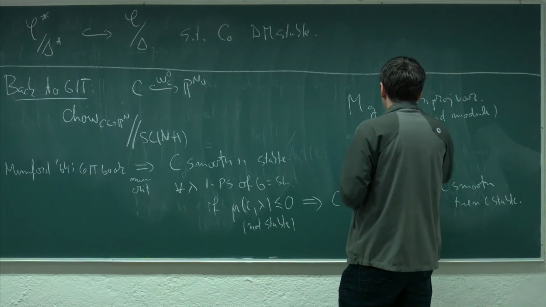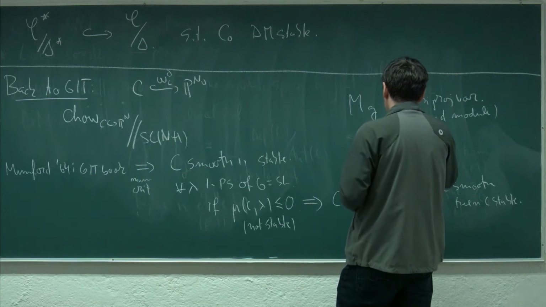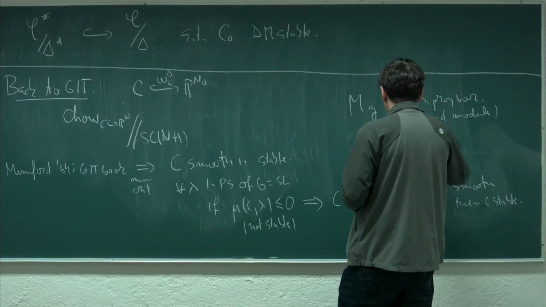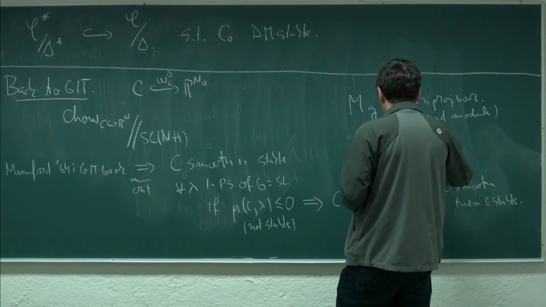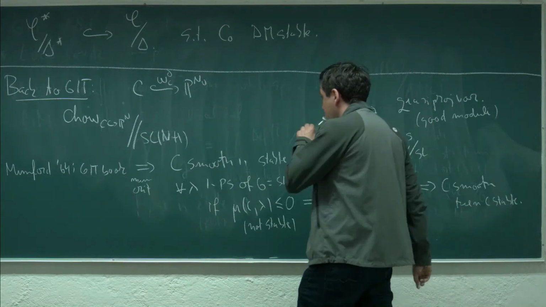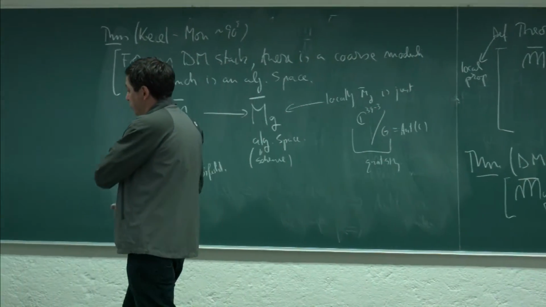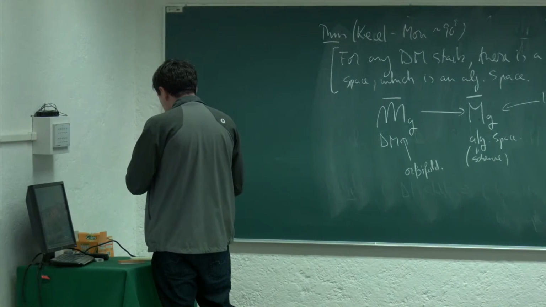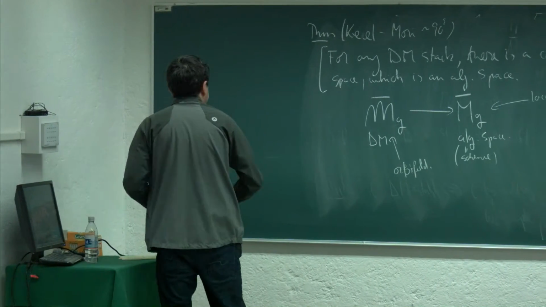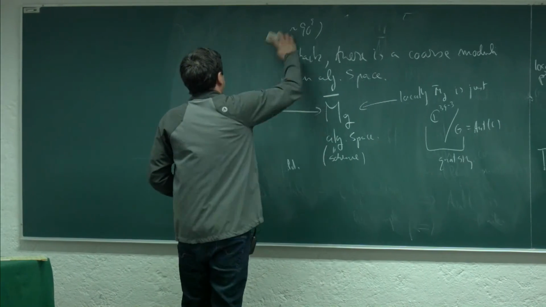Because the stable locus is included in the good quotient, when you have the Chow stable things modulo the SL_N, you would like to do the same thing for semi-stable curves, but unfortunately this doesn't really work.